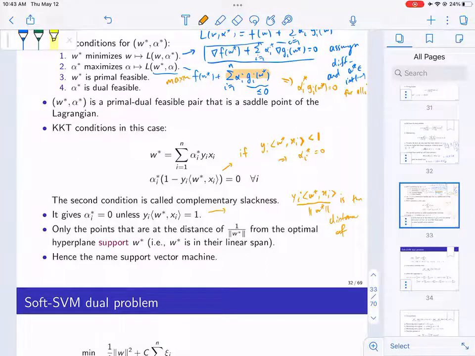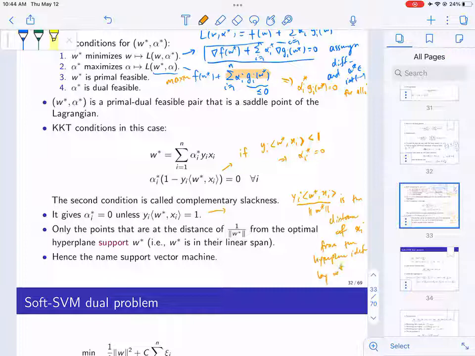of the example x_i, y_i, let's say the distance of x_i from the hyperplane identified by w star.